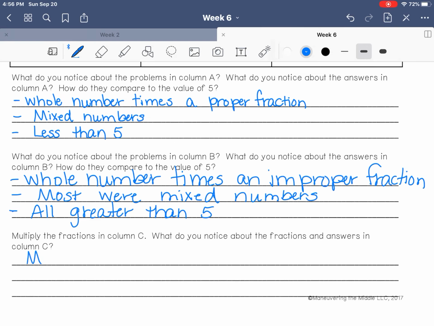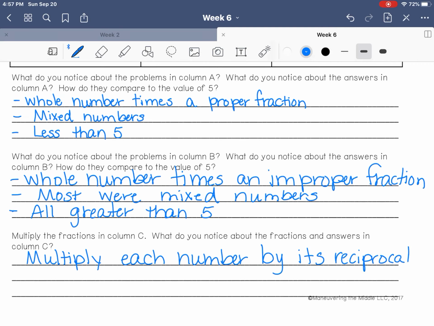When you multiply a number by its reciprocal, the product is 1. Every time. Interesting, right?